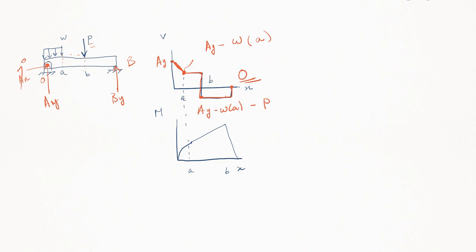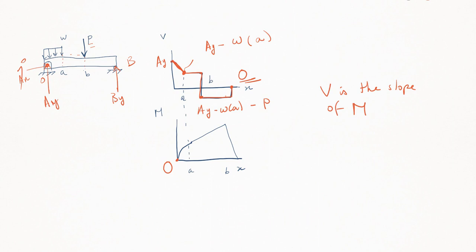So now, to draw the moment diagram. So here, let's say the moment. Now we don't have any moment reaction at A. So we're gonna start at 0. And V is the slope of the moment M. So think about it.